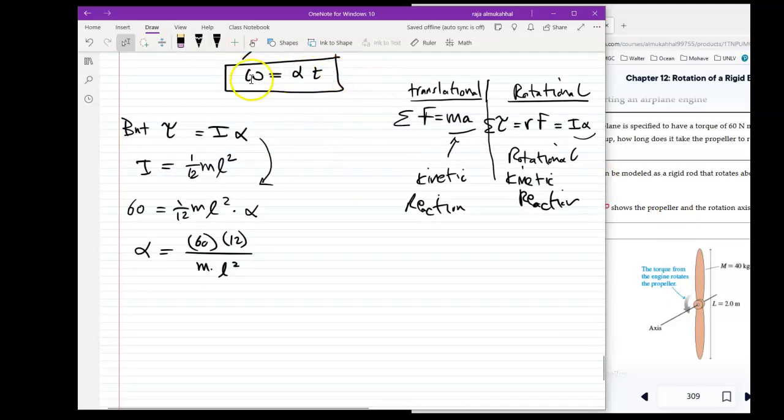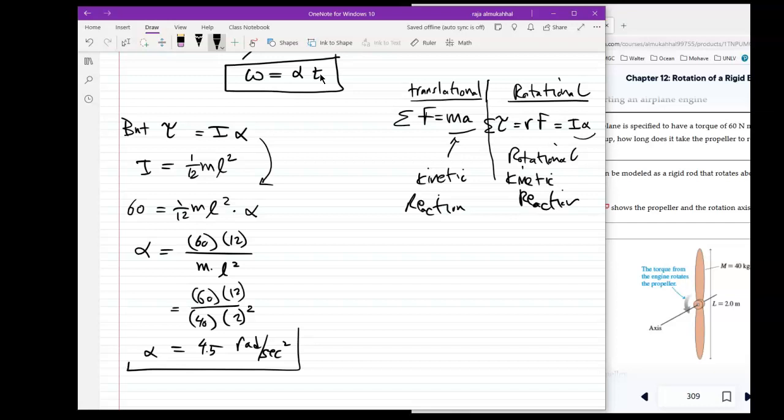This is the one that we are being asked to find, the t here. And then we just plug in our data. So we have here 60 times 12 divided by the mass. The mass of the propeller is 40 kilograms times L is 2 squared. And then when I calculate all that, I end up with 4.5 radians per second squared.